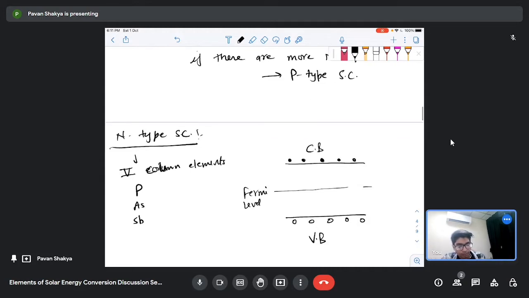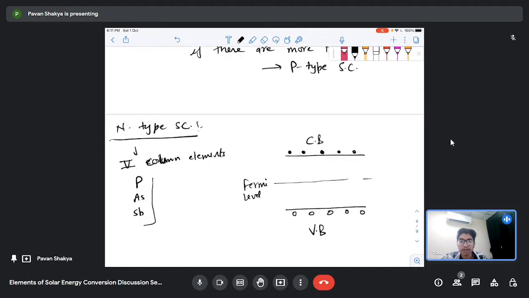In these elements there are more electrons, and because of this, the Fermi level for the n-type semiconductor moves upward. So this will be the Fermi level for the n-type semiconductor, and these extra electrons can move to the conduction band easily.